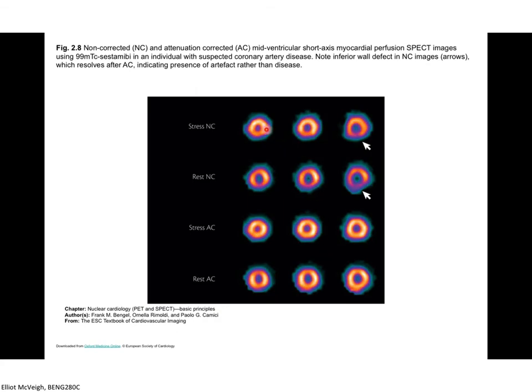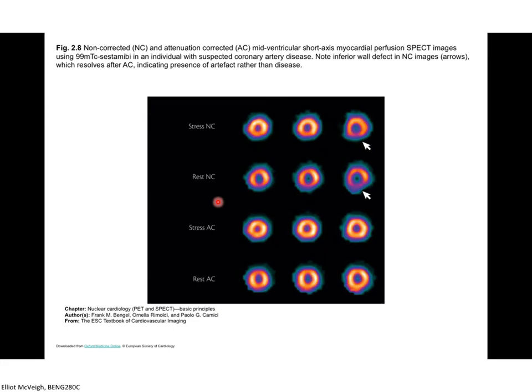So this is rest and stress, right? SPECT. And the difference between these 2 rows and these 2 rows is you have done attenuation correction before reconstructing the pictures for these 2 rows.